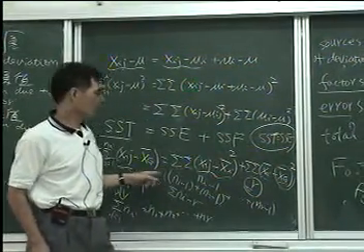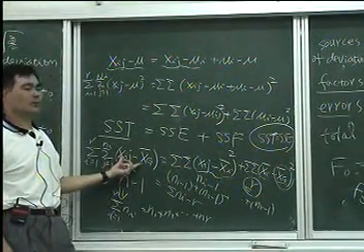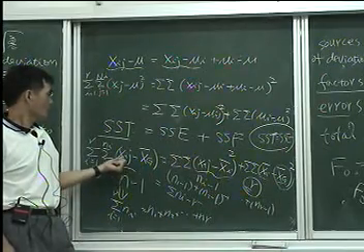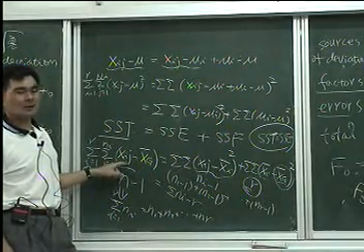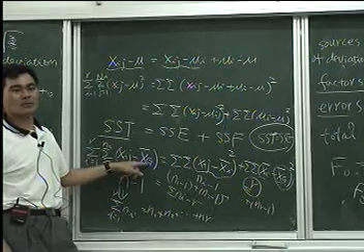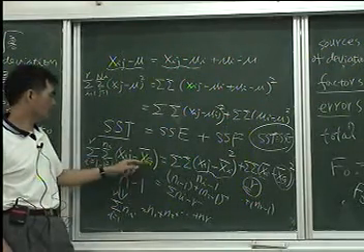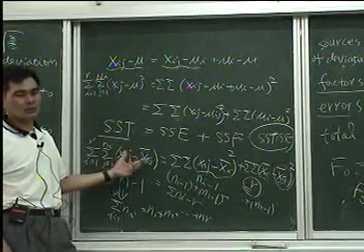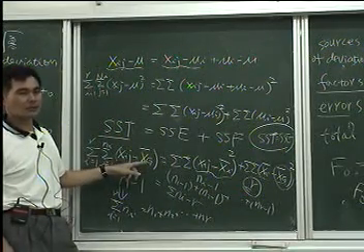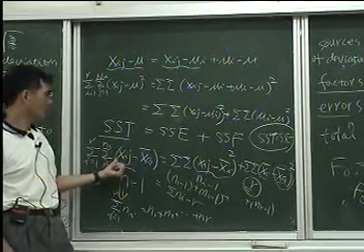SST, sum of square total, is the difference of each individual item with respect to the mean of the whole population. Of course, in this case, we are talking about a sample, the whole of the sample.